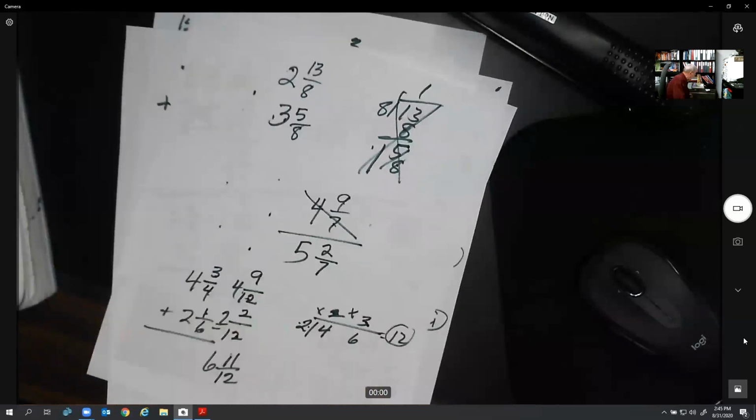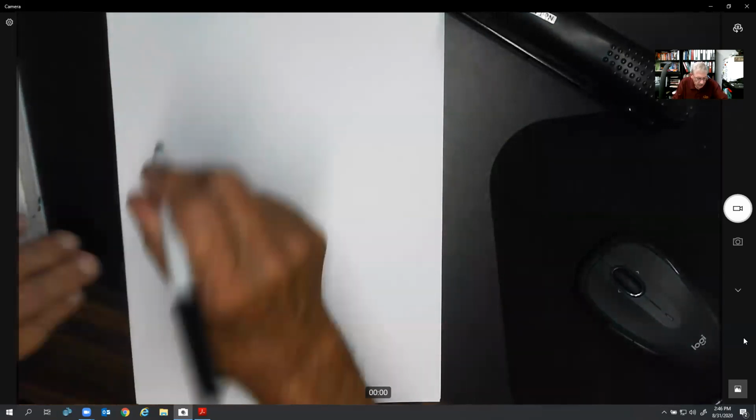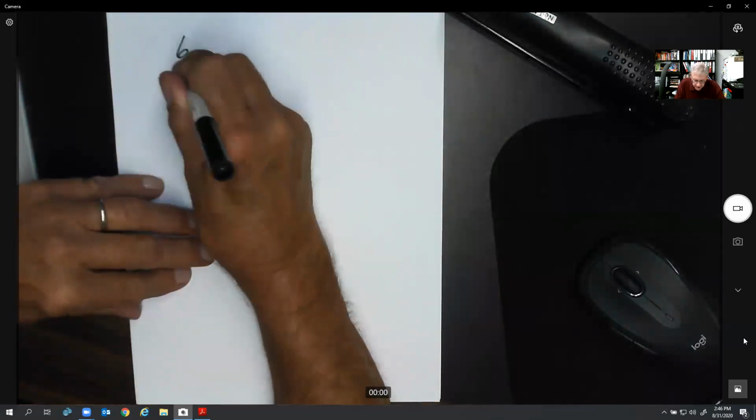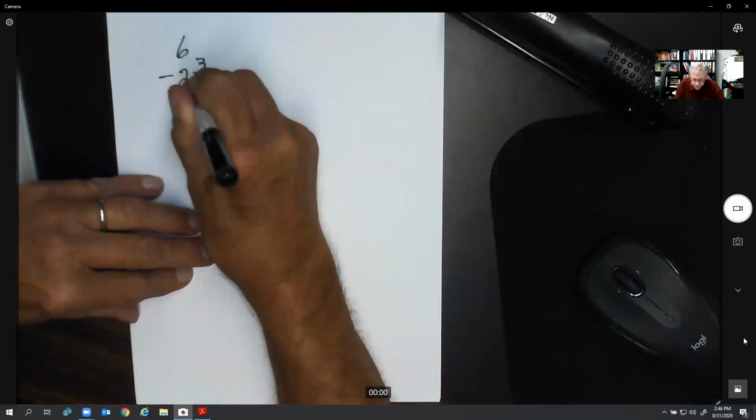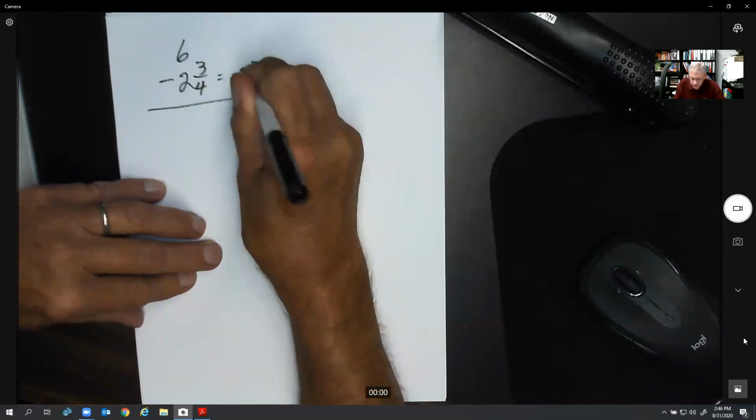Let me get some more paper here. Okay, let me try another problem. Let's try another one of those. 6, take away 2 and 3/4. 2 and 3/4.